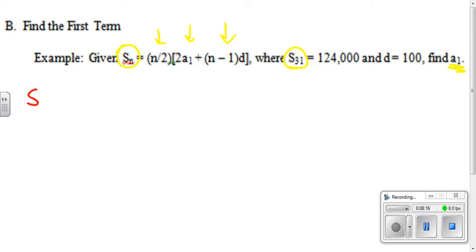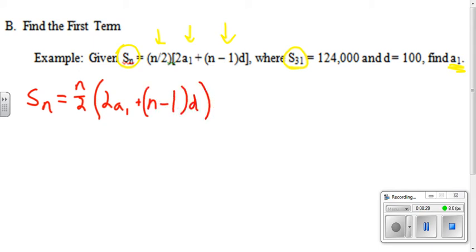We know that we have s sub n equals n over 2 times 2a sub 1 plus n minus 1 d.